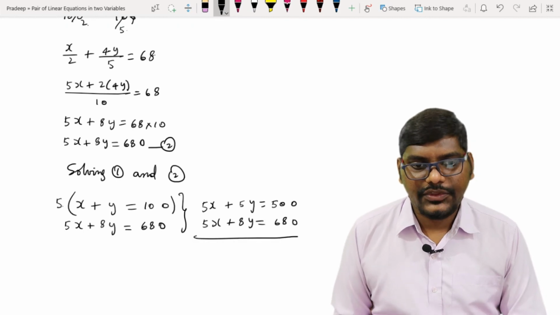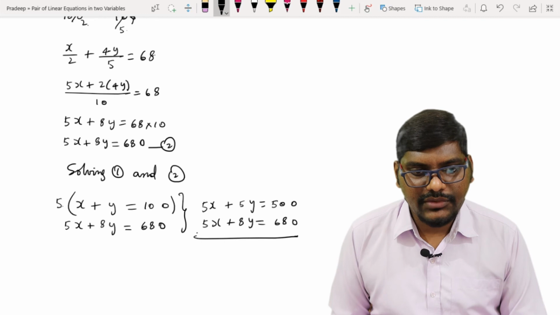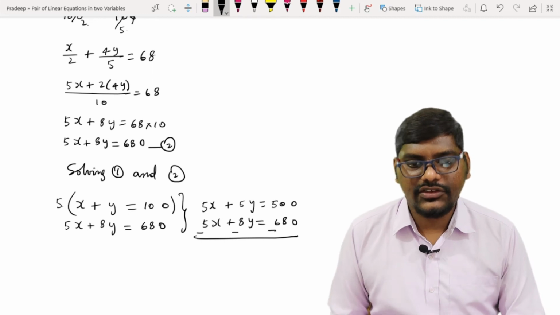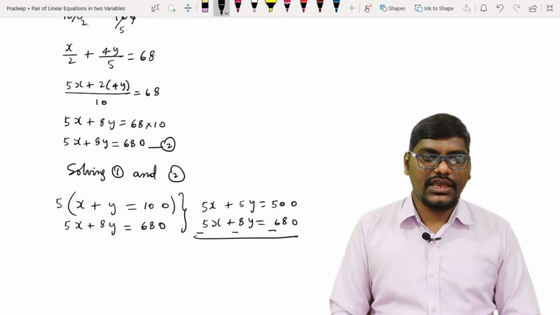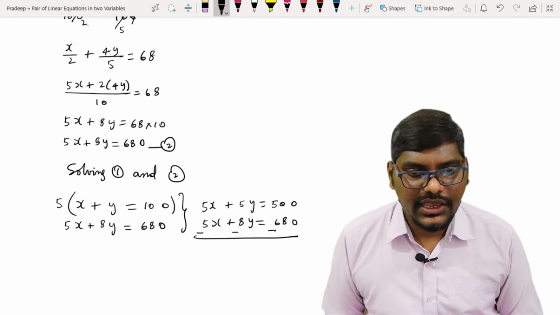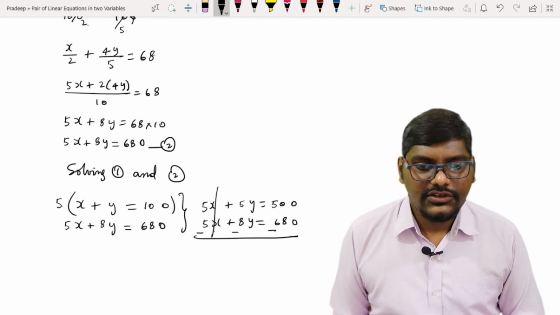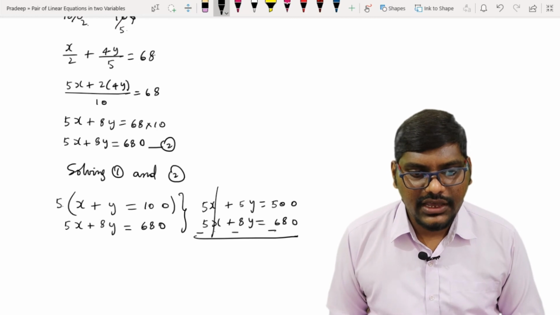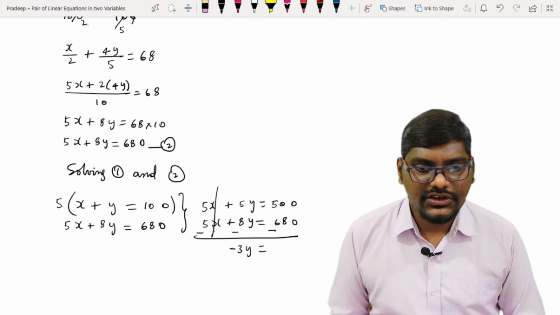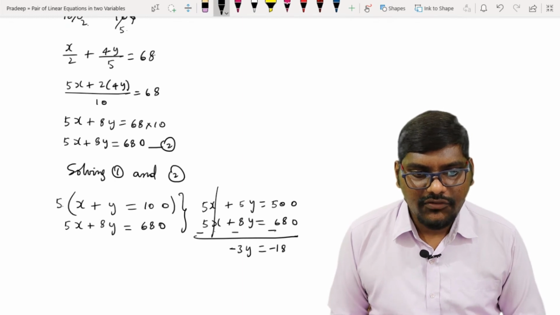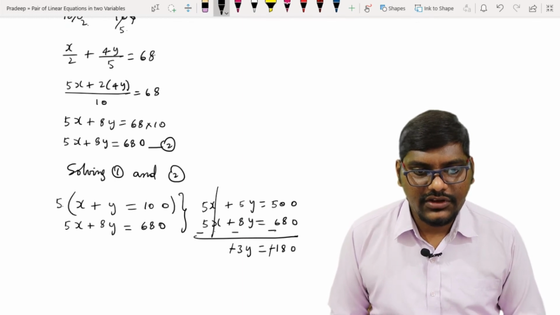So now if I cancel this, this is minus, this is minus, this is minus. I just took minus in the complete second equation because we have to solve this. So plus 5x minus 5x can be cancelled. This is minus 8y, this is plus 5y, so we'll be getting minus 3y. So 500 minus 680 will be getting minus 180. So minus minus can be cancelled.